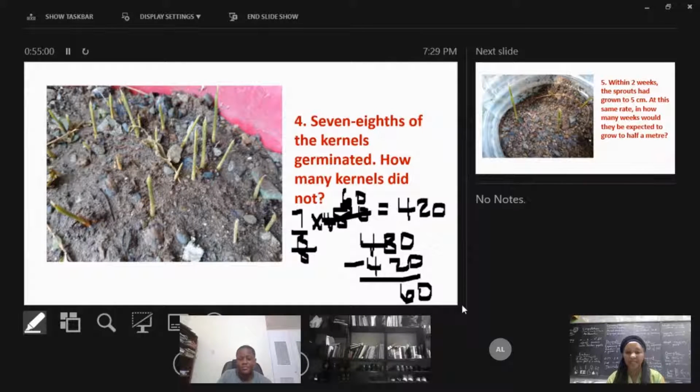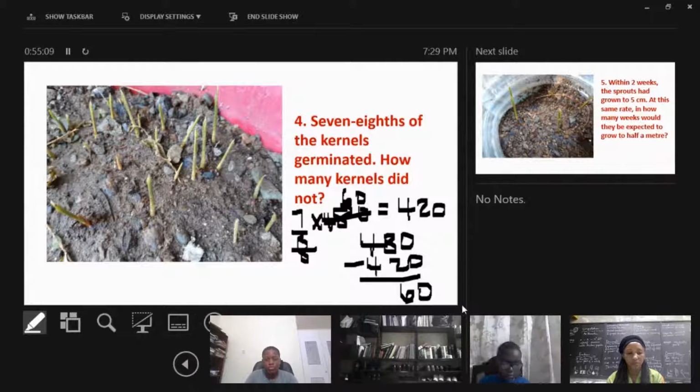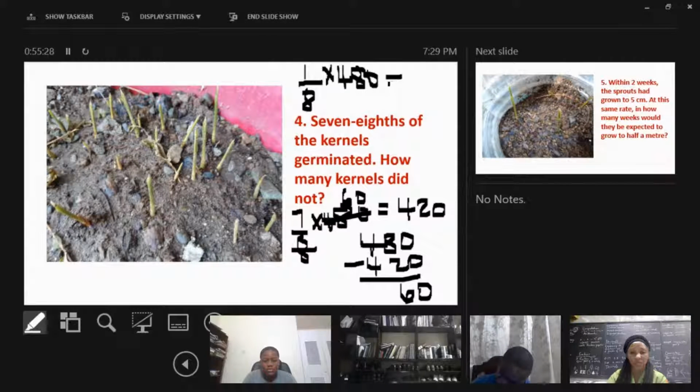All right, so we could say since 7/8 germinated, what fraction did not germinate? If 7 out of 8 germinated, what fraction did not? 1/8, Miss. 1/8 did not germinate. So we could just go straight ahead and find 1/8 of the 480, which would give us the 60 straight away.